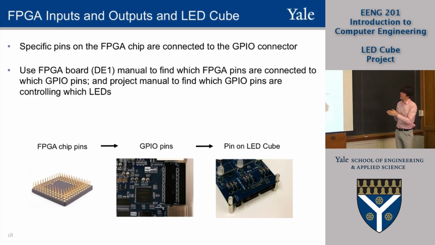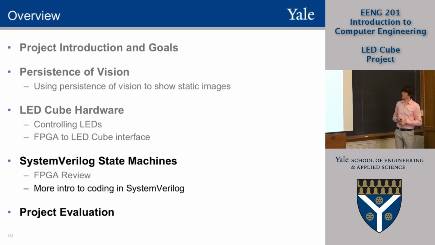there are the pins on the LED cube. The 40-pin connector on the LED cube also has some pins. They're all called pins, but you need to worry about the FPGA chip pins, the GPIO pins, and the pins on the LED cube.